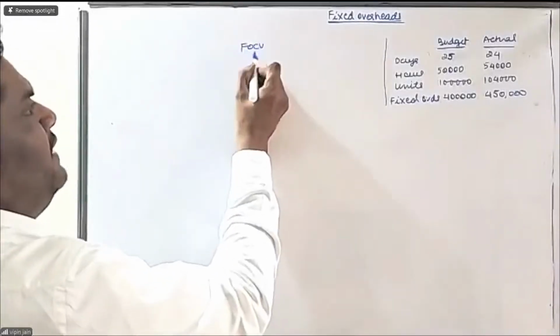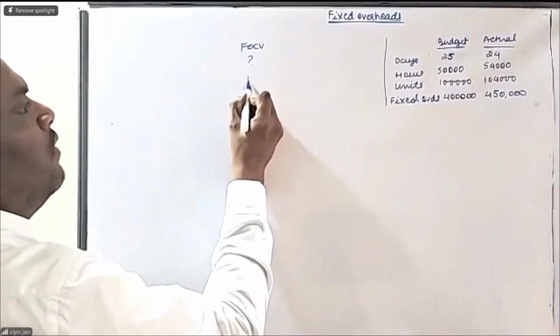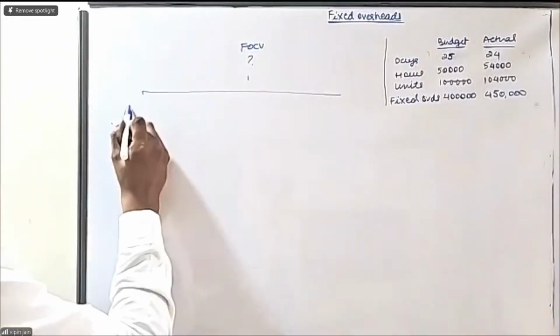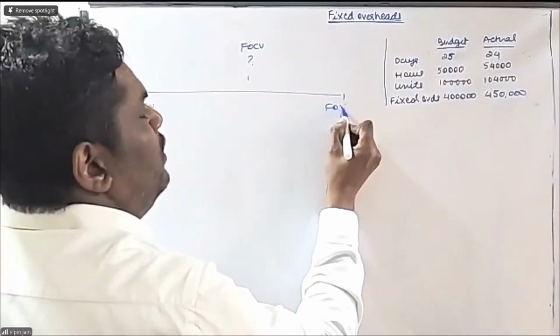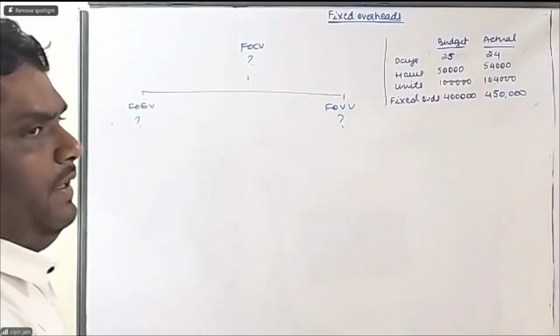Fixed overhead cost variance, fixed overhead expenditure variance, and fixed overhead volume variance. I want these three answers only.